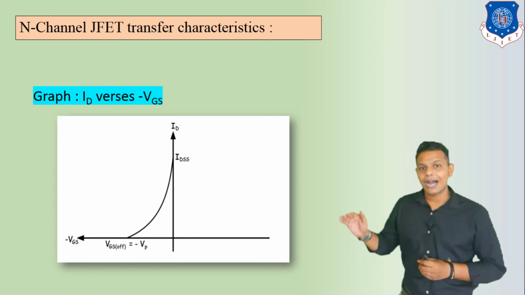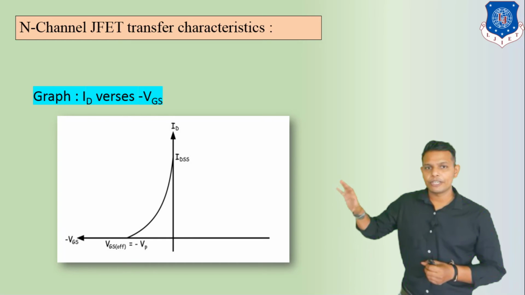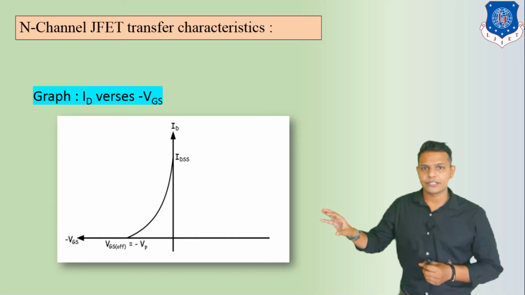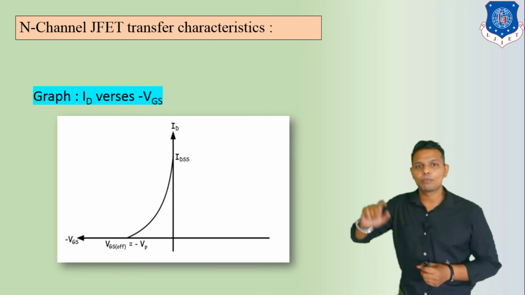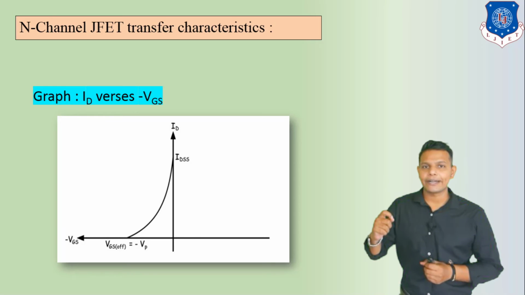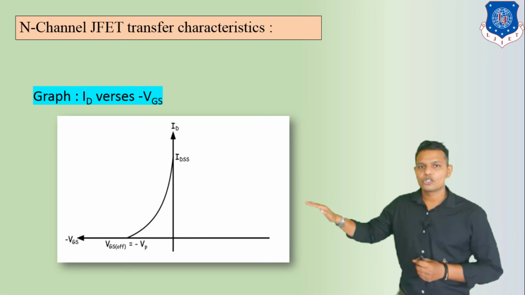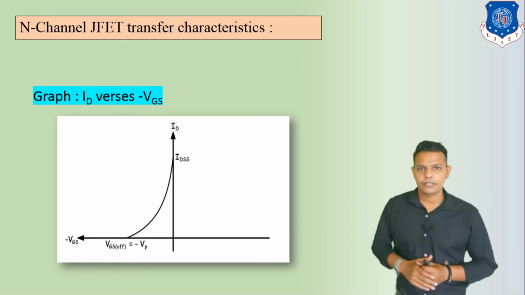We can plot transfer characteristics with the help of output characteristics. If we first plot output characteristics, then we can precisely plot transfer characteristics like this.